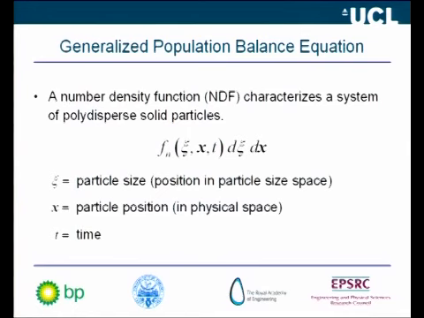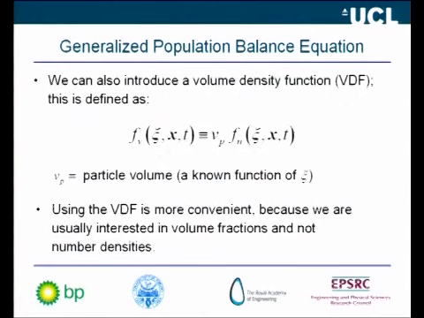We did not consider the velocity of the particles as an internal coordinate, because in this first assumption we assume that the velocity is a function of the diameter, or at least that there are equations that allow us to calculate the velocity once we know the diameter. So to briefly summarize, if we multiply the number density function by dxi and dx, we have the number of particles whose size is in the differential range dxi, and in the differential volume in space dx.